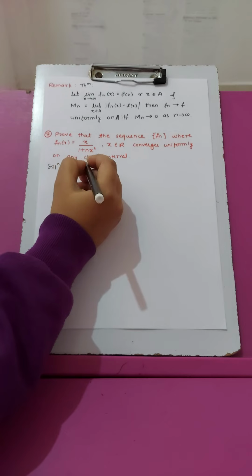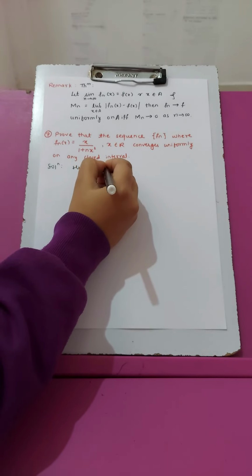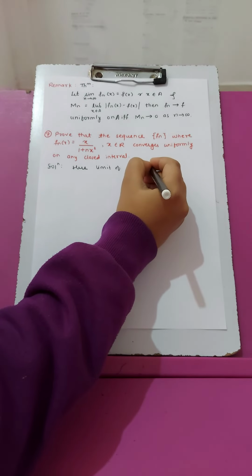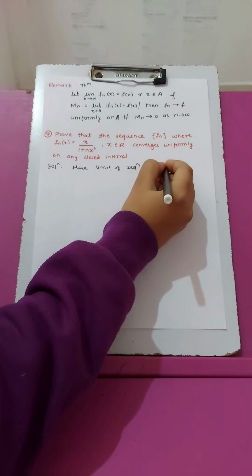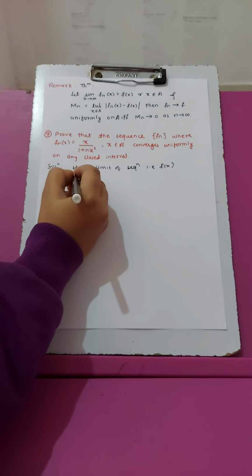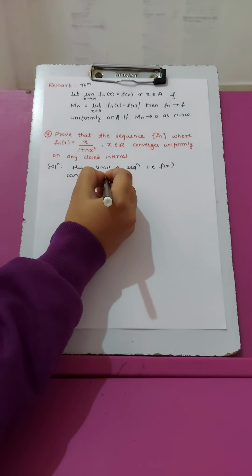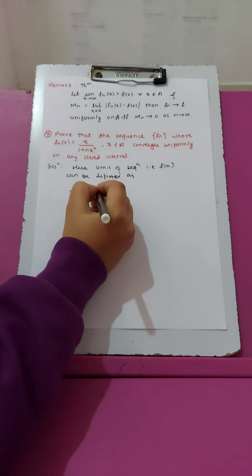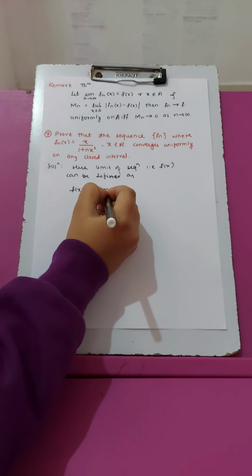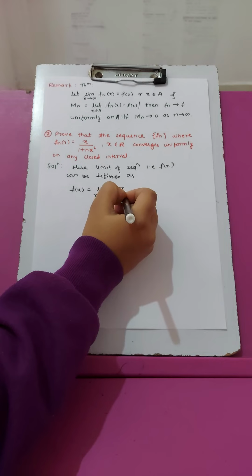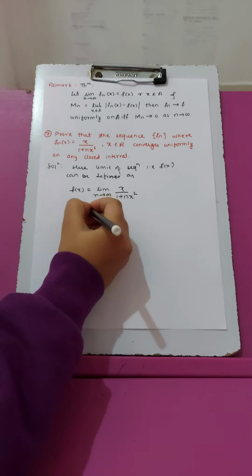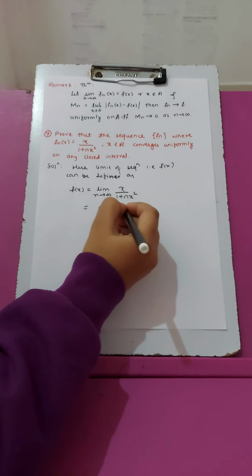Here the limit of this sequence, that is f of x, is limit n tends to infinity x upon 1 plus n x square, and it will clearly be equal to 0 for all x.